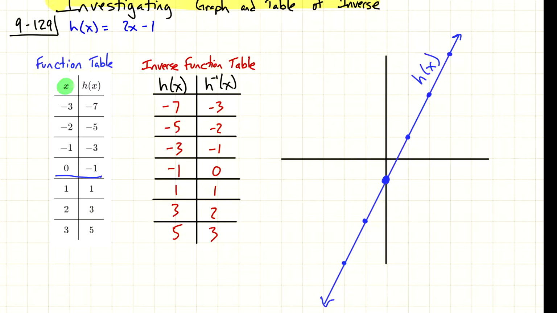Let's see what fits: -5, -2; -3, -1; -1, 0; 1, 1; 3, 2; and 5, 3. -7, -3 doesn't fit. All right, there are all the points that I could fit.